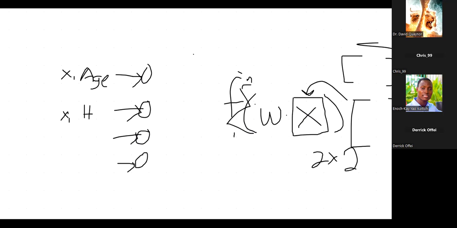Then X3 is, let's say, weight, so let me do a W over here. Then X4 is, let's say, complexion, something like this.